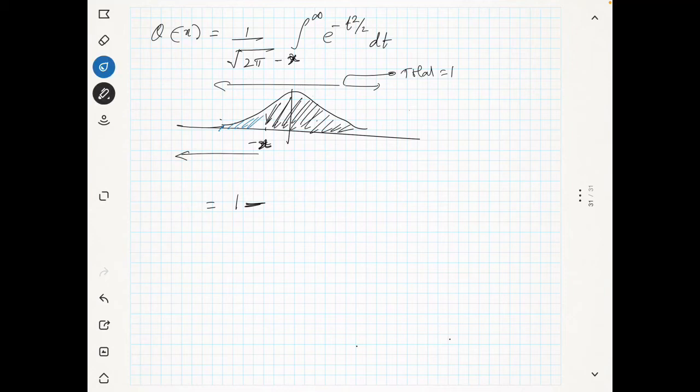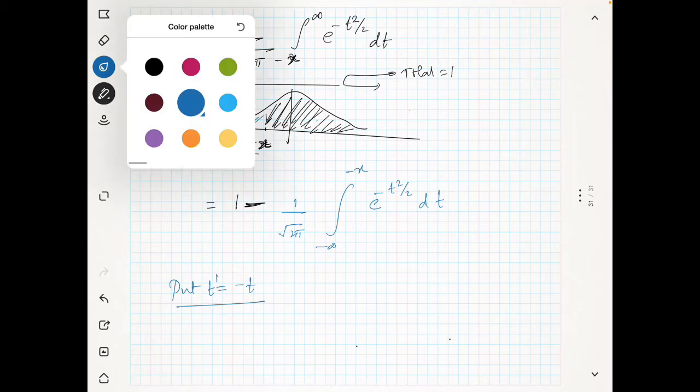This area is nothing but 1 by root 2 pi, integral, I am starting from minus infinity, so minus infinity to minus x of e power minus t square by 2, which is the curve, into dt. Okay, now we will introduce a new variable t dash. Put t dash equal to minus t, just for the integration purpose. Now you will see how it will be changing.